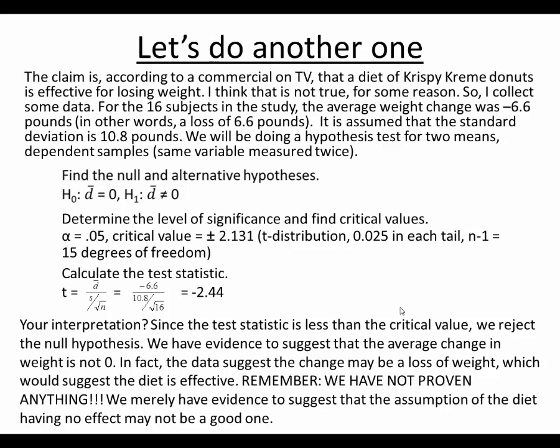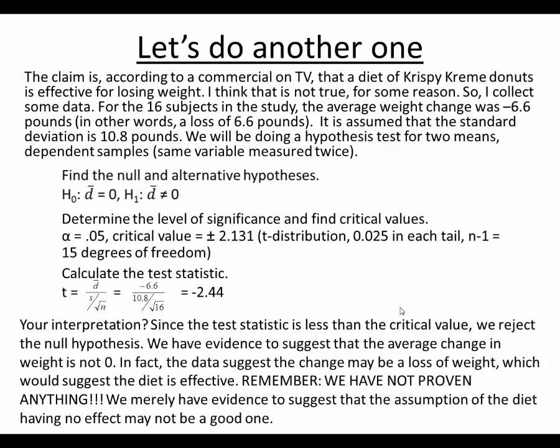And be careful here. It's a small number of subjects, only 16 people. However, the formula takes this into consideration when it calculates a test statistic. So even though it's only a small number of people, they have a large enough average loss that it seems that the assumption is not a good one.